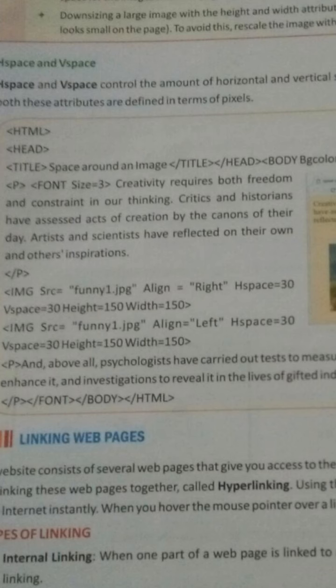This attribute is new for you. What is the meaning of h space? H space means horizontal space, means whatever text you write, horizontally 30 pixel space will be left blank from that image.